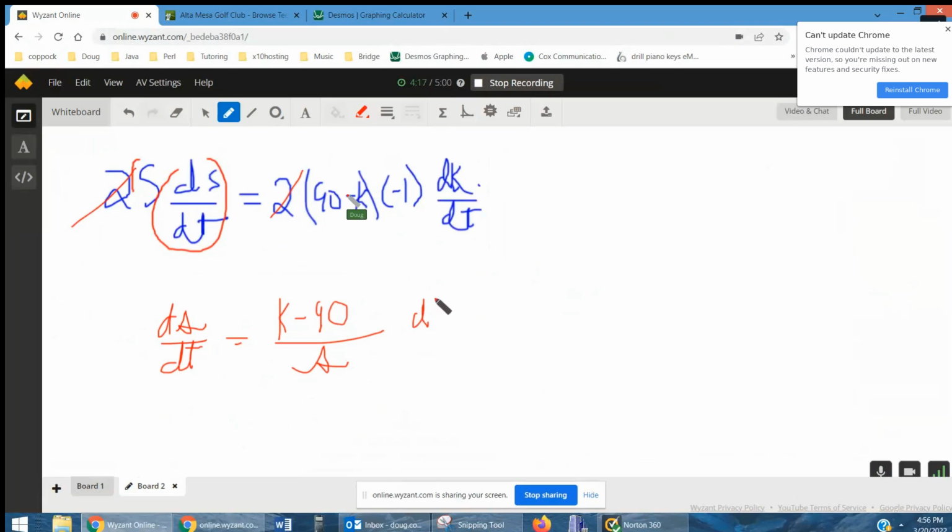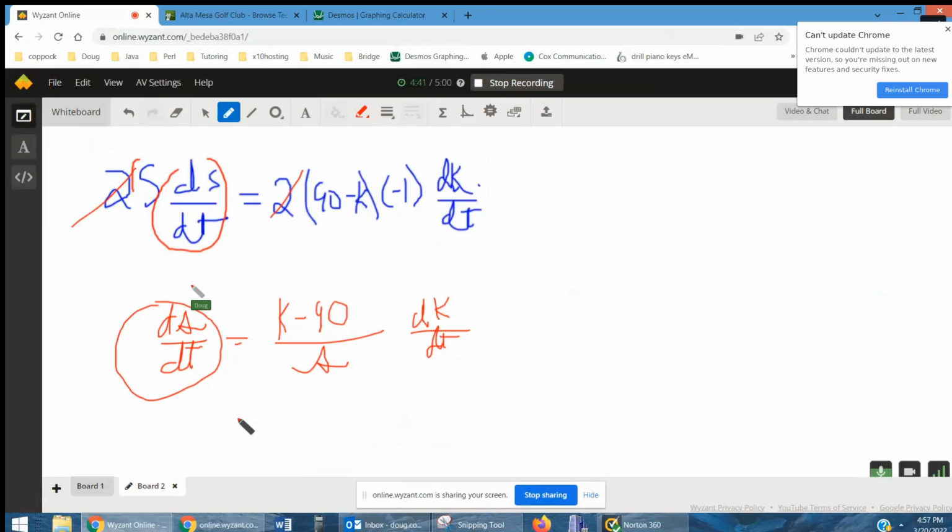And I've got dk/dt out here. Okay. And we want to know what's the value of this thing, the rate of change of the distance between the runner and second base at the time when k equals 45, half the way to first base.